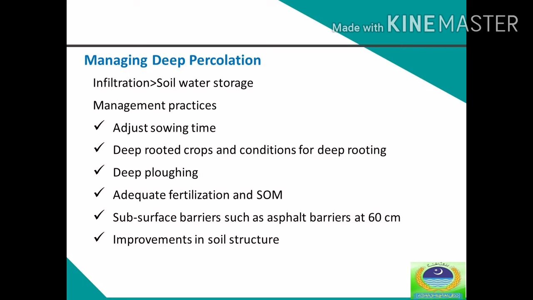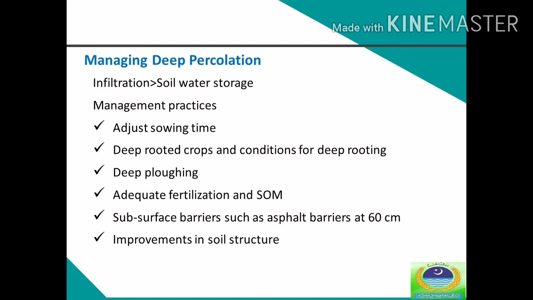Management methods or practices that encourage deeper plant rooting include deep tillage, planting deep rooting crops or cultivars that extract water from deeper layers in the soil profile, and adequate fertilization for proper root propagation.